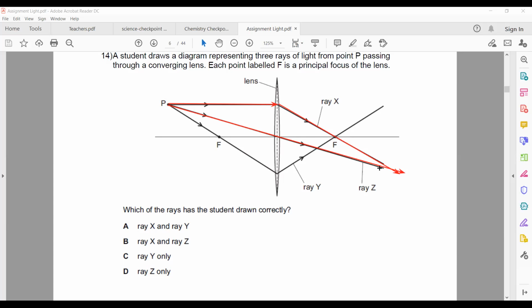That's also drawn correctly. But the third one is passing through the focus, so it should go parallel. So which ones did he draw correctly? Rays X and Z. So B is the right answer.